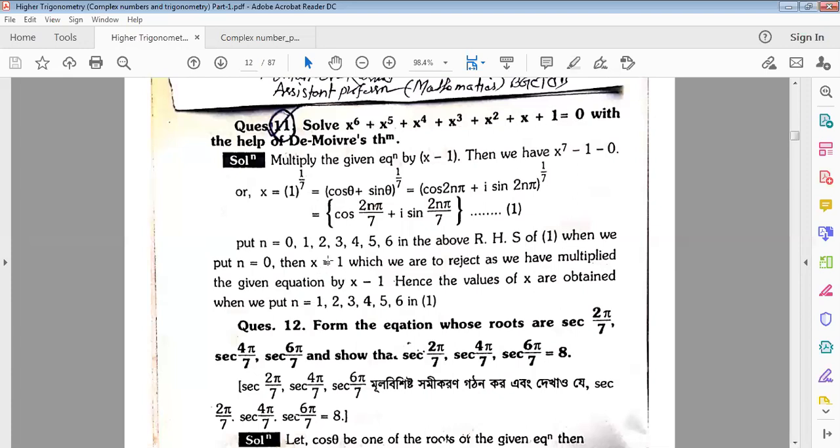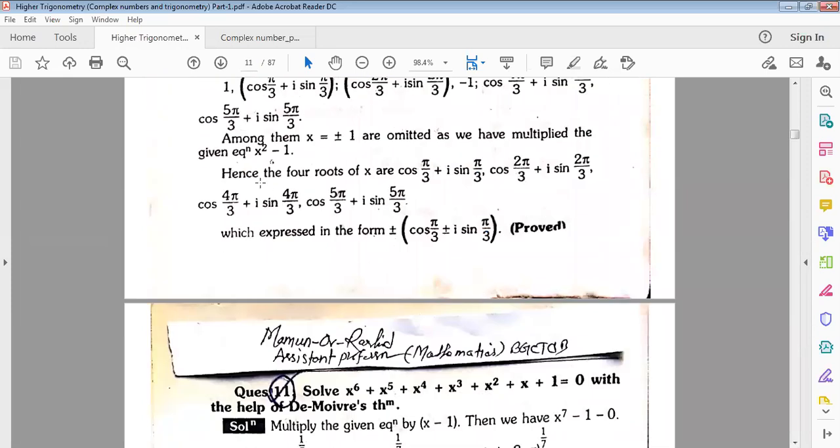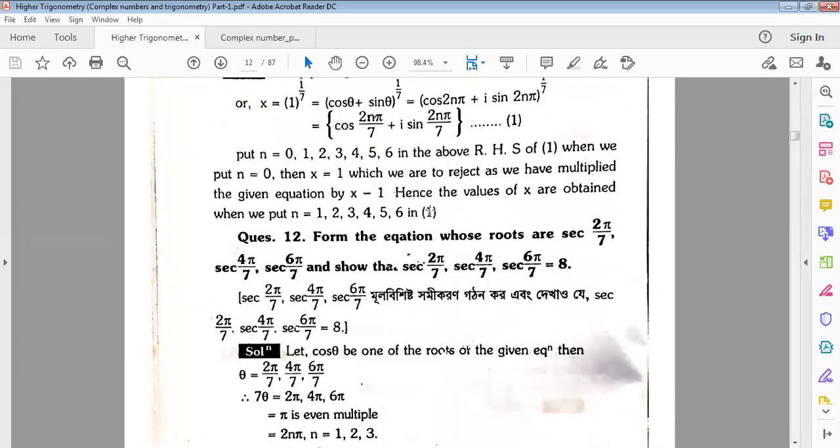That means x equals 1 does not satisfy our given equation. This is why x equals 1 will be omitted for n equals 0. For the rest, n equals 1, 2, 3, 4 and so on, you have to put them in equation 1. This is left for you, to find these types of solutions yourself.